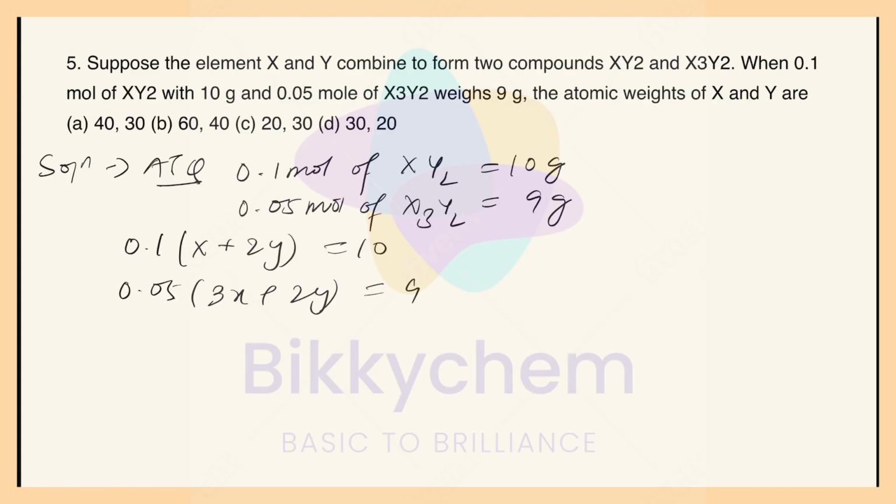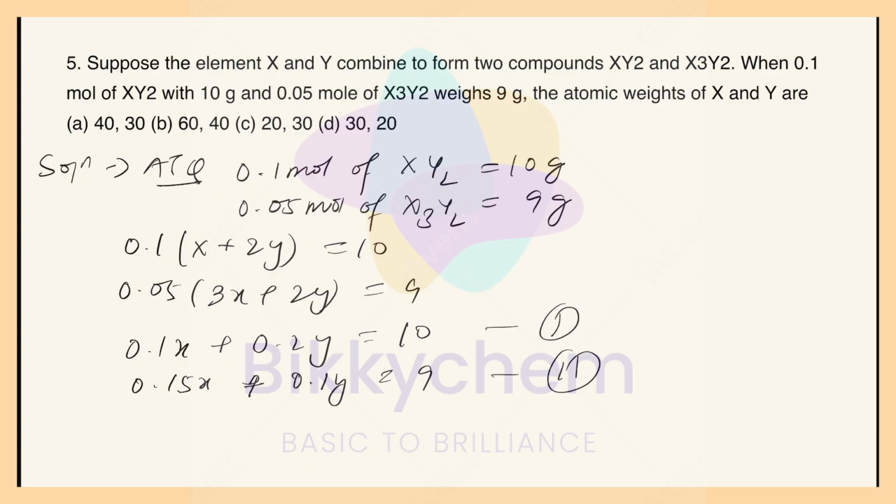So if we multiply, we will get 0.1x plus 0.2y equals 10, and again it will be 0.15x plus 0.1y equals 9. Let's take this one as equation 1 and equation 2. So we need to equate this one.